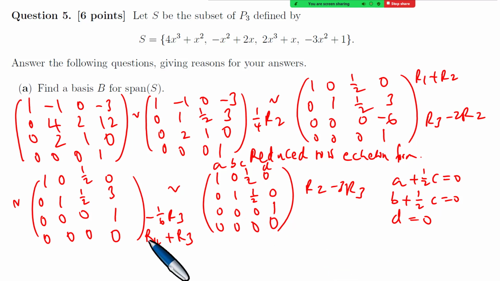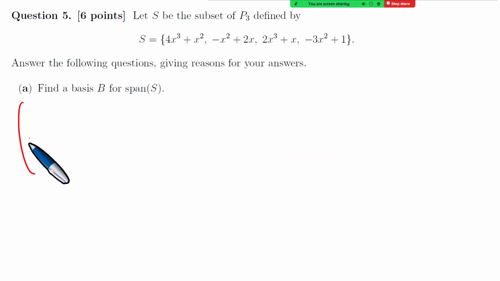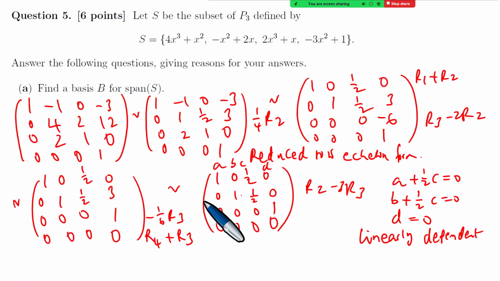And then at this point, it is immediate that these vectors are linearly dependent, because we want A to be 0, B to be 0, C to be 0, D to be 0. But they're not. So the pivot columns in this matrix, we're able to get like this one, which is 1, 0, 1/2, 0.